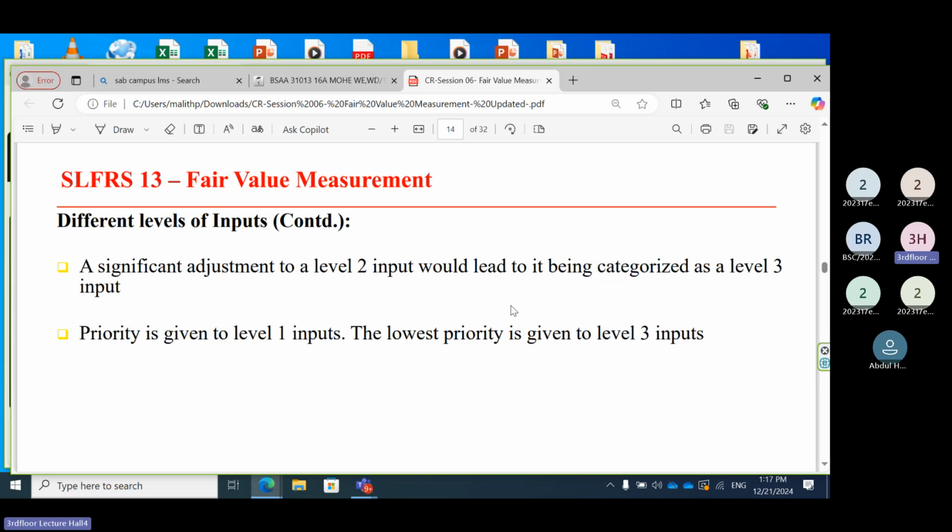The fair value of the share is 200 rupees, one share price. So then we have a similar hotel. Based on this similar hotel, we have a share price and we have a PE ratio, price earning ratio.